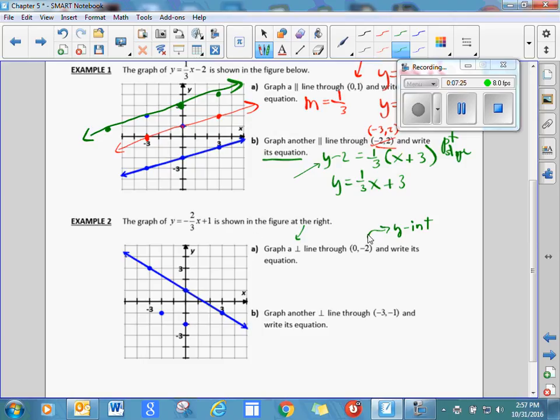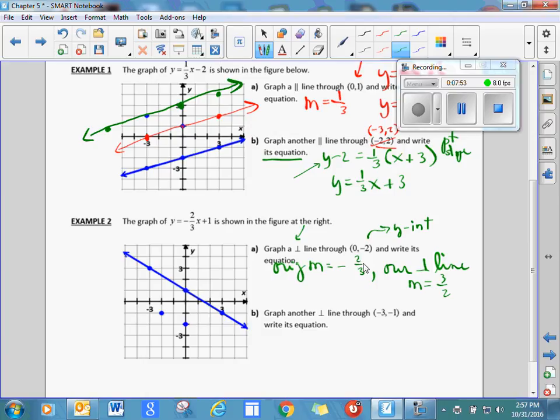However, what you will notice about a perpendicular line to the original line is its slope is the negative reciprocal of the original line. So our original slope is negative 2/3. Our perpendicular line slope will be positive 3/2.